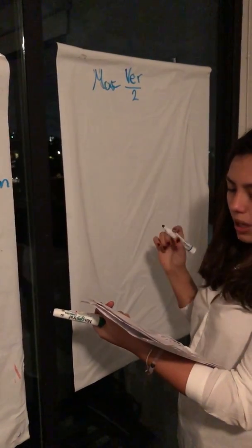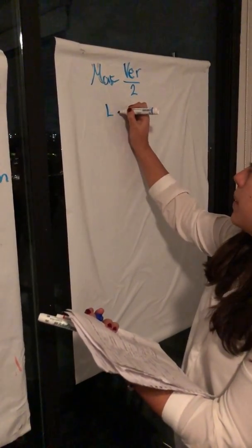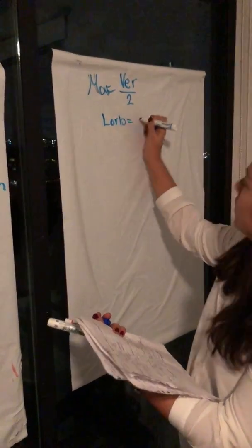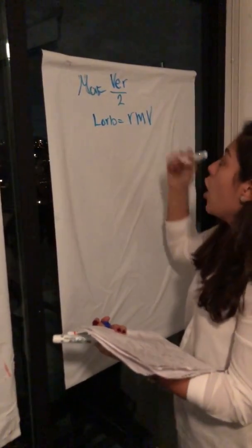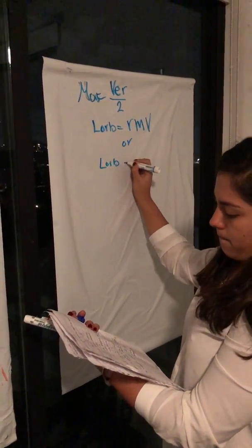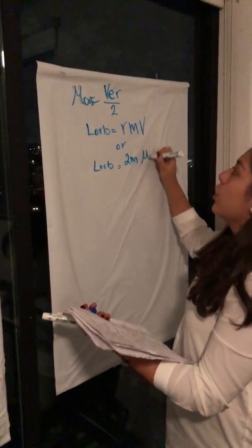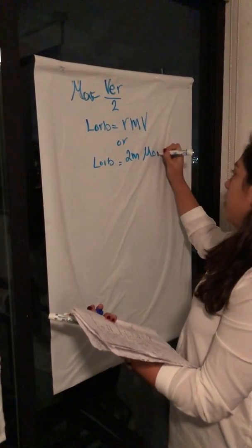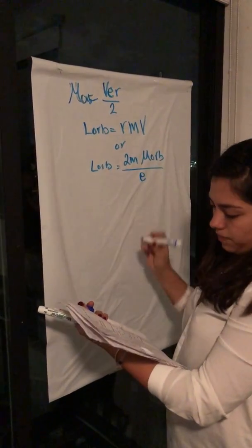And with this, we can also find the angular momentum, which would be given by the distance times the mass of the electron times the velocity, or 2 times the mass times the dipolar moment magnitude over the value of the electron charge.